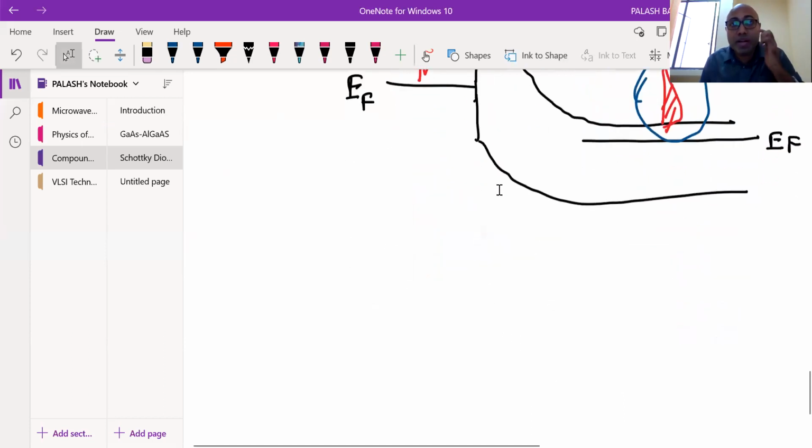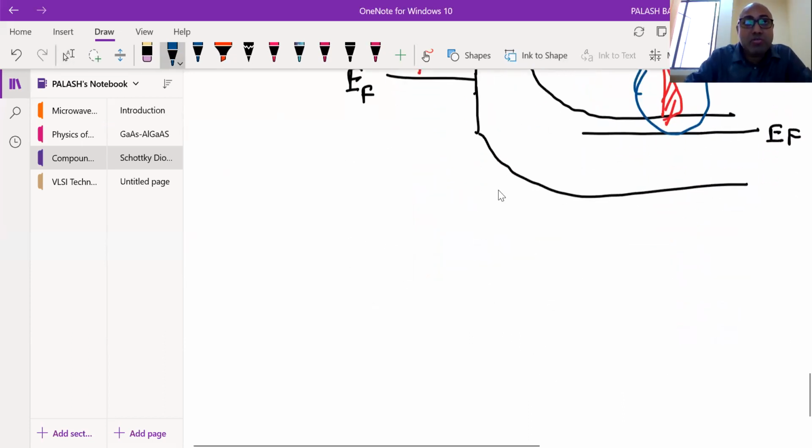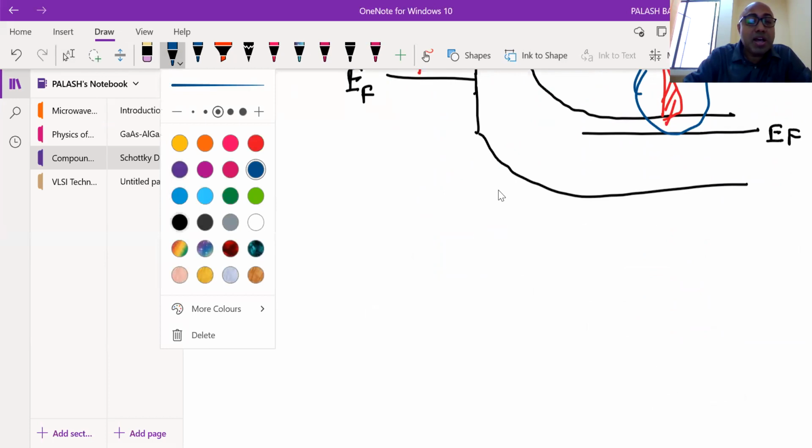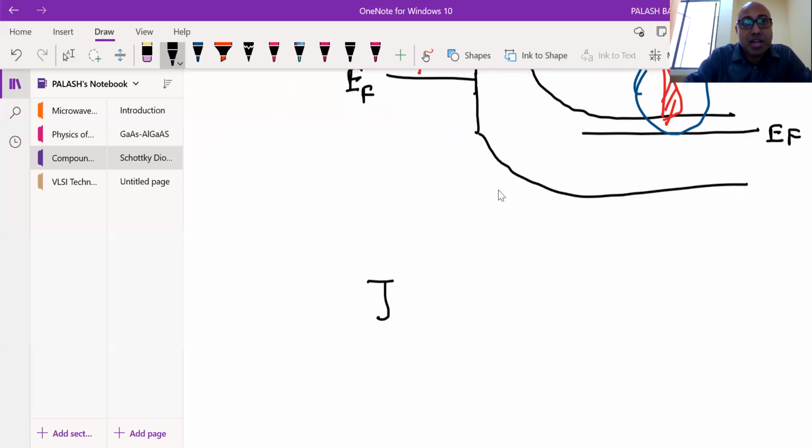Okay. So that means in this condition, if you try to write the condition, J net equals J semiconductor to metal minus J metal to semiconductor.